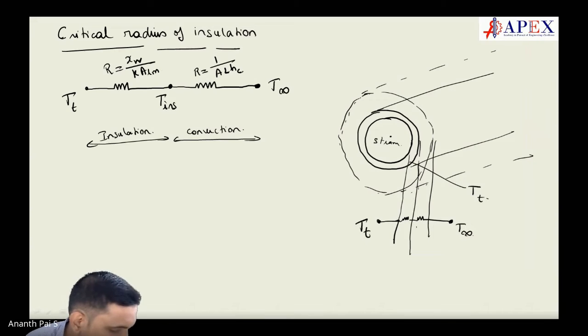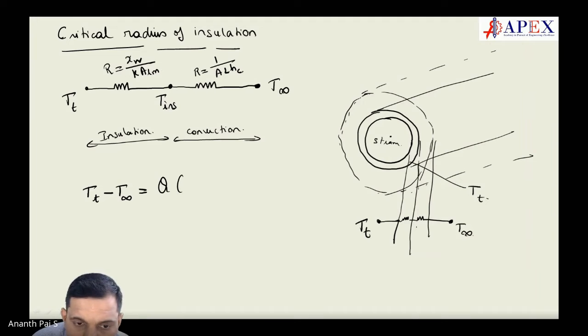Fine. So if you say Q, TT minus T infinity is equal to Q into R1 plus R2. What is R1 plus R2?